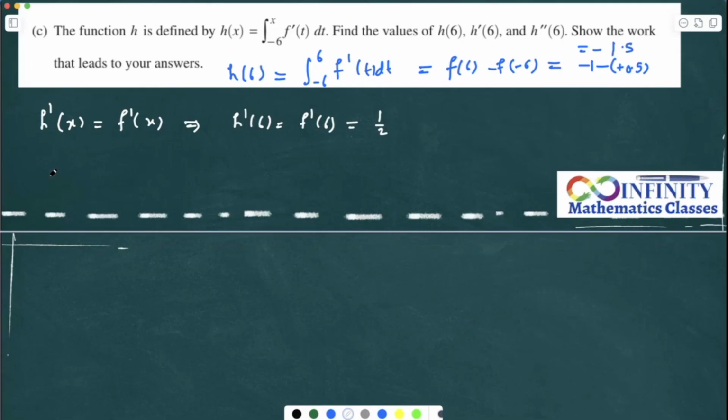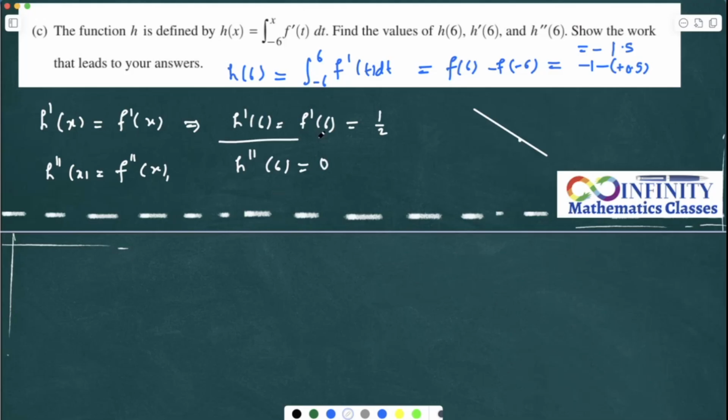And then you need the double derivative at x, that is the derivative of the derivative. Any doubt? I need the double derivative at 6. Because the function is linear near 6, the double derivative of that function is going to be 0.